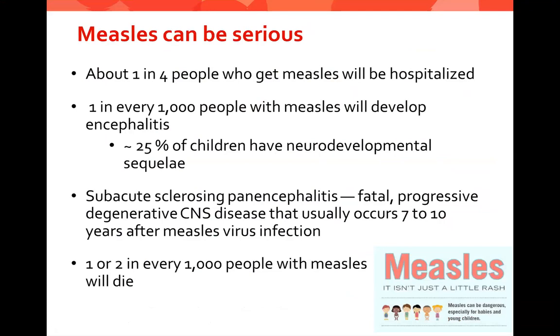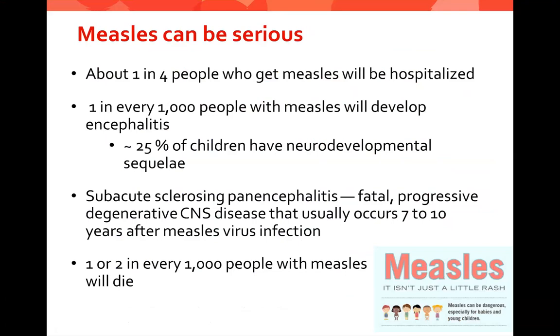Now, people who are at the highest risk for having severe disease and complication from measles include infants and children that are less than 5 years of age, and then adults that are greater than 20 years of age, pregnant women, and then people who have significant immunocompromise, like having leukemia or an organ transplant, are also particularly at risk.